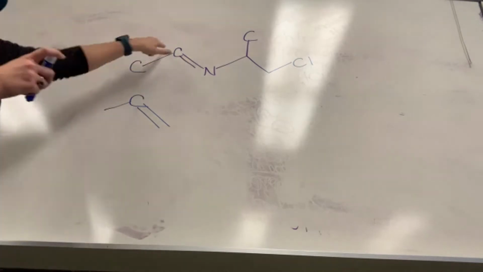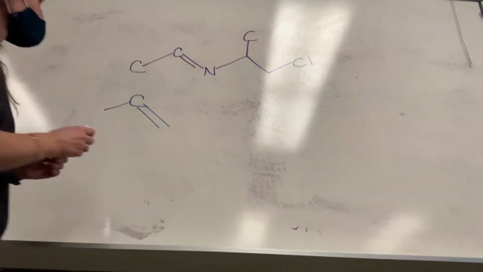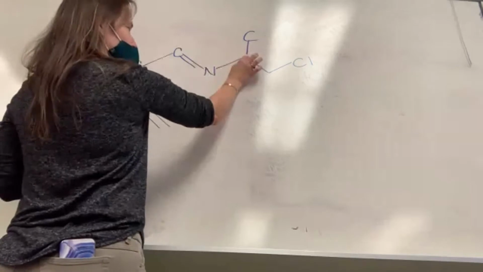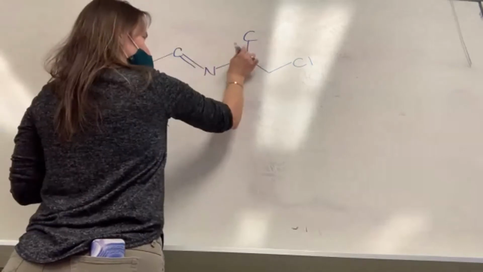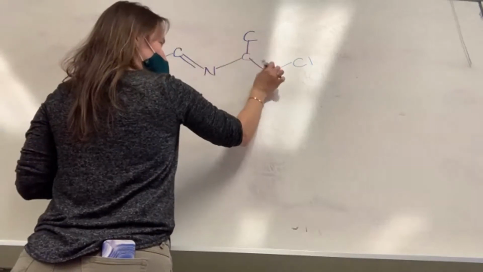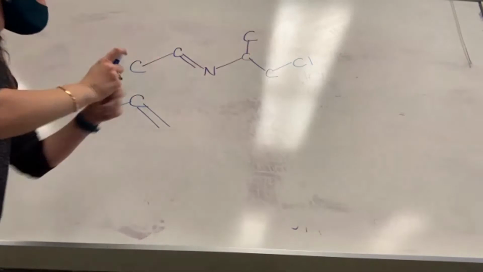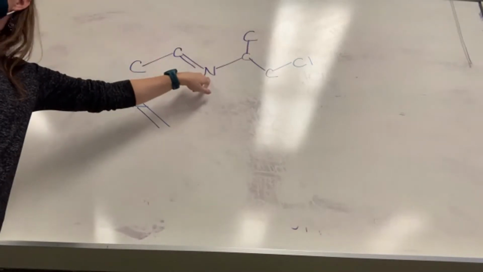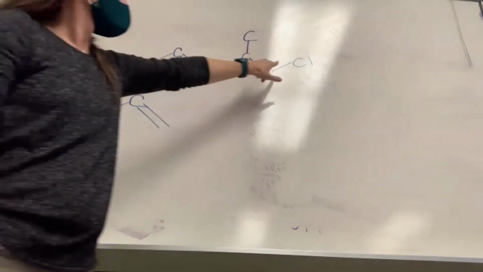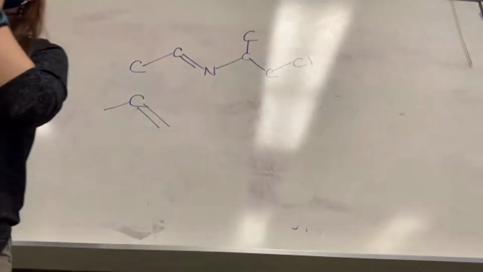Don't have it like it's barely sitting on top of a mountain or something. Those are bonds that are from the carbon. Here's an intersection right here. And there's an intersection. If there's already a symbol, you don't put a carbon there. So there's already a nitrogen there, and there's already a chlorine.